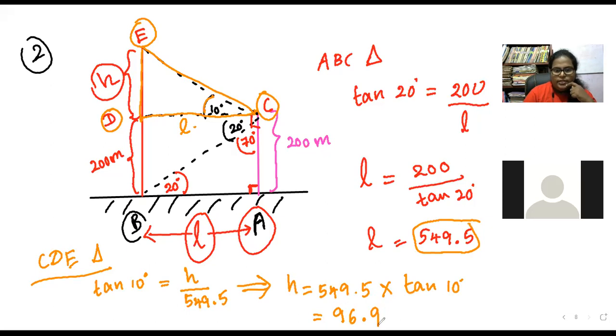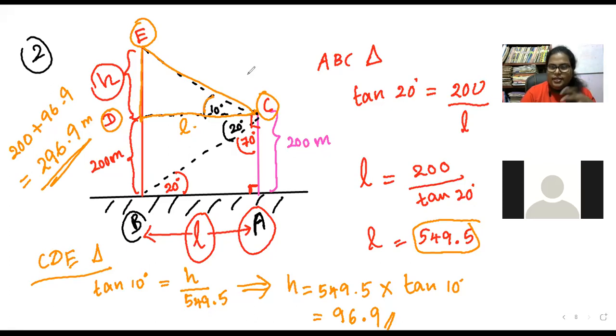Right, so this is the H value. So we can get the height of this second building as 200 plus 96.9. So the height of the second building is 296.9 meters, right?